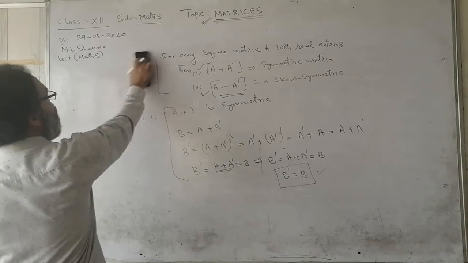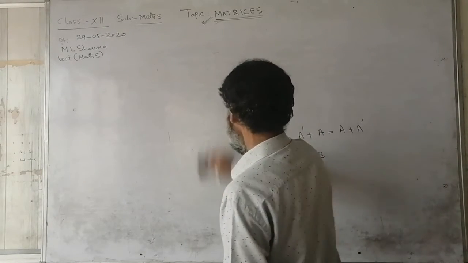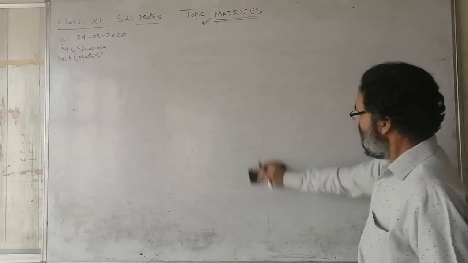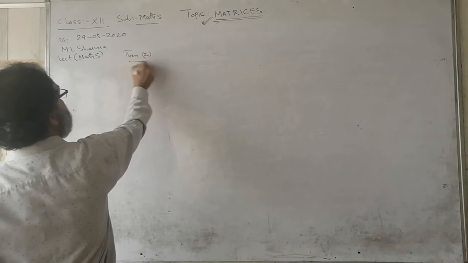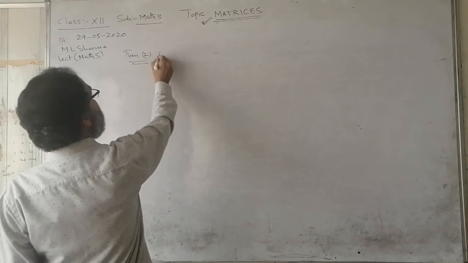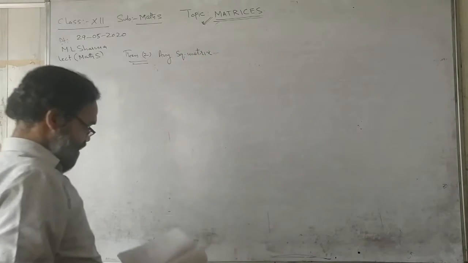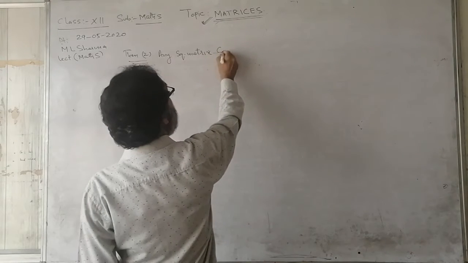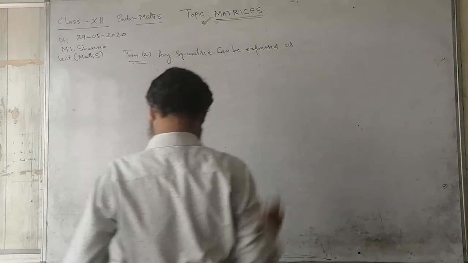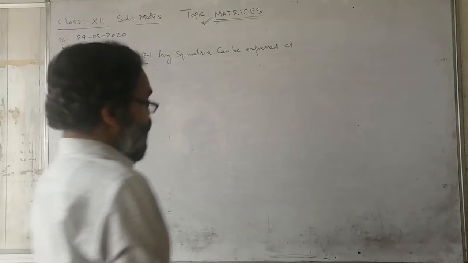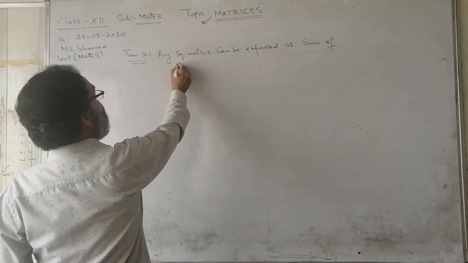So theorem 2 says, this is an important theorem, and the theorem says: any square matrix can be expressed as sum of symmetric and skew symmetric.